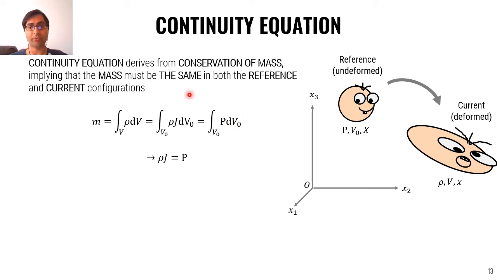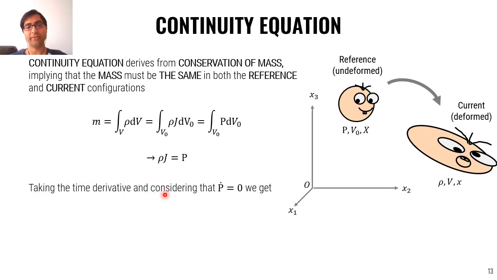So we can simply from this relation write rho J is P. The density in the reference frame is J, which is the determinant of F, multiplied by the current density. Although the mass remains constant, the density may change.